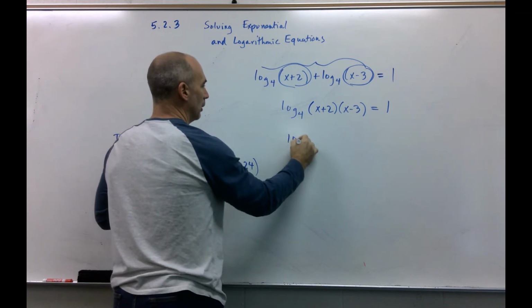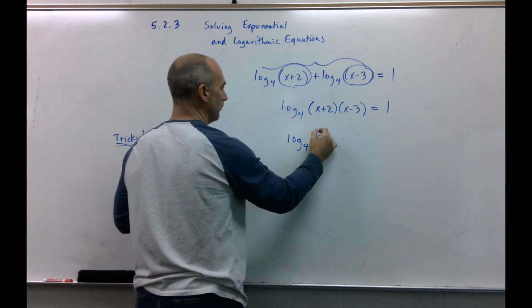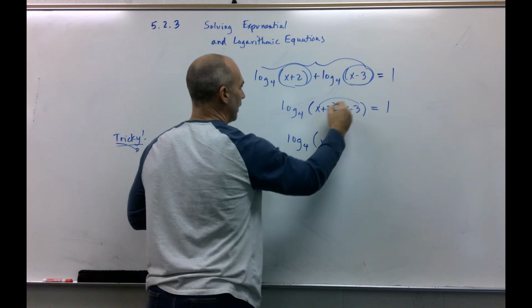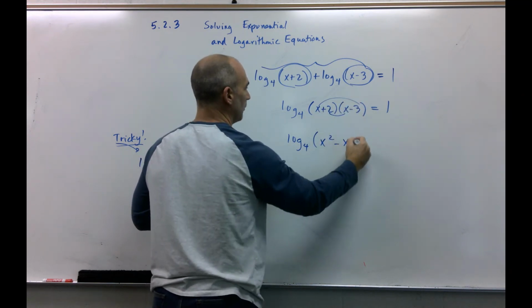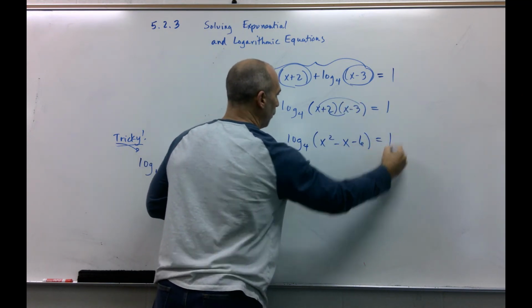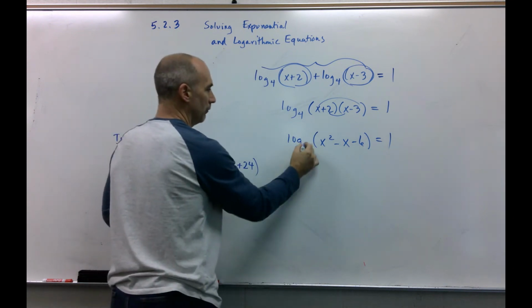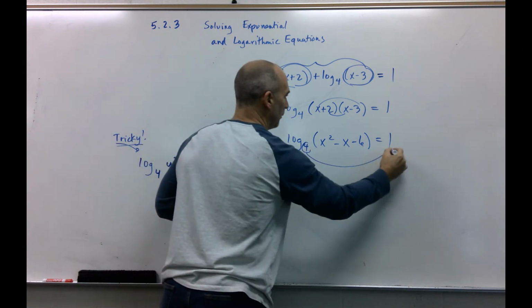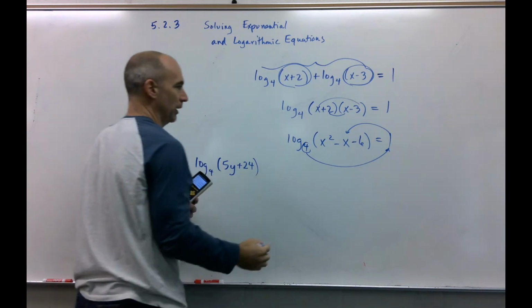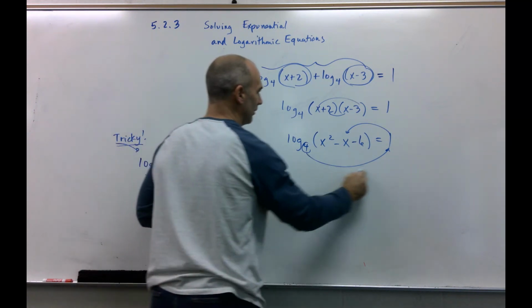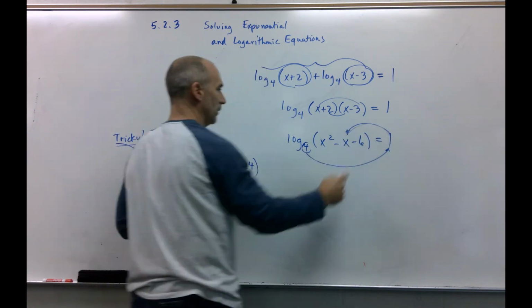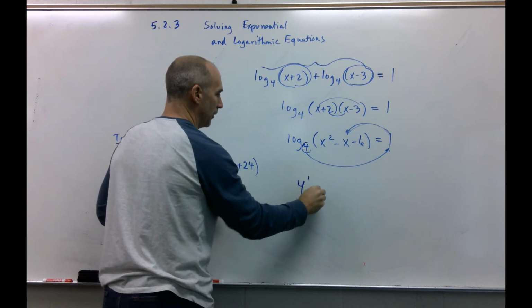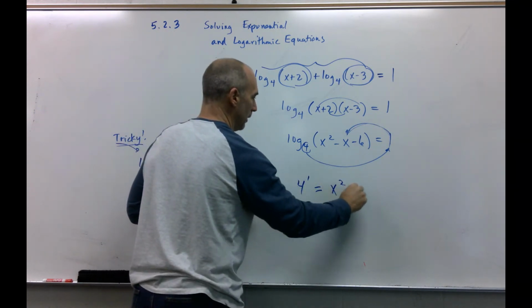So we get log, I'm going to do a little bit in my head, x squared outside inside is negative x minus 6 equals 1. Well, base, power, exponent, base, exponent, answer. So I get 4 to the first power equals x squared minus x minus 6.